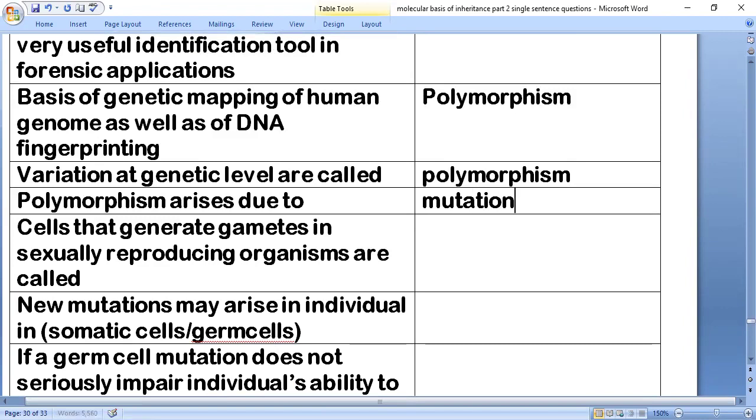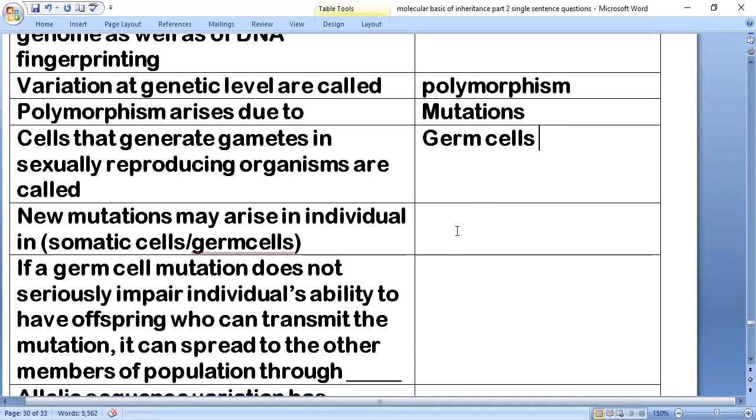Polymorphism arises due to mutations. Cells that generate gametes in sexually reproducing organisms are called germ cells. New mutations may arise in an individual in somatic cells or germ cells. So it might be either somatic or germ cell, but only germ cell mutations can be inherited.